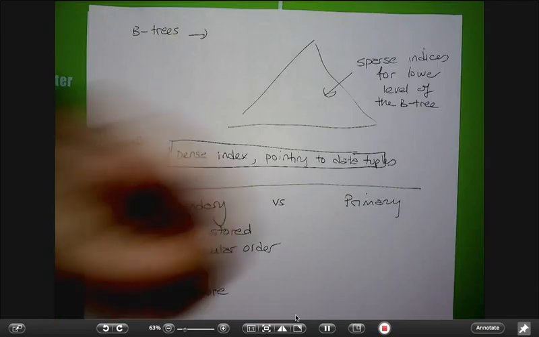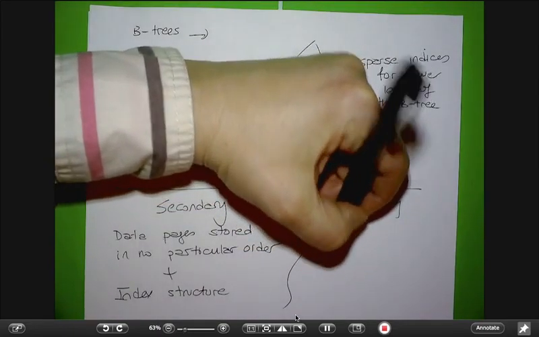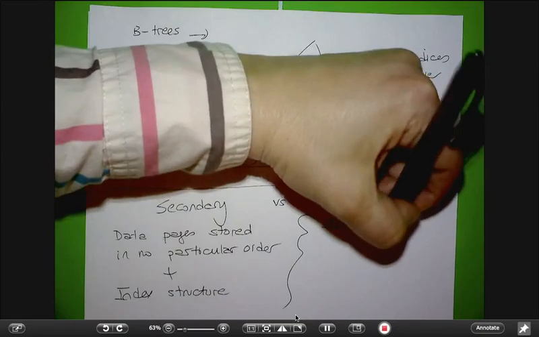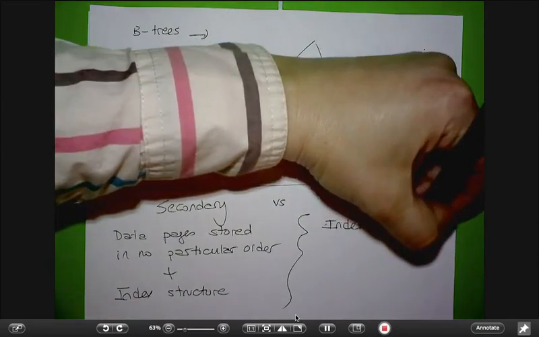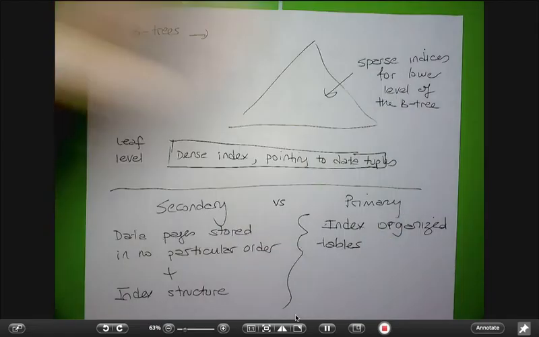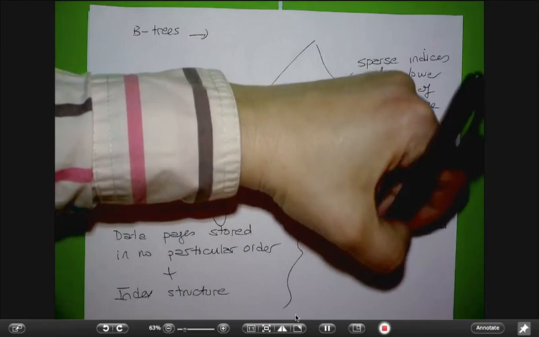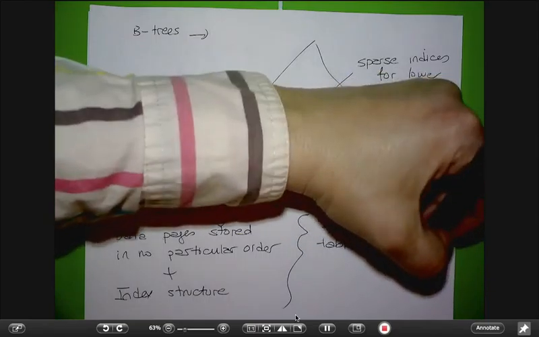But it's also possible that an index can be a primary access tool too. So there are things called index organized tables. For example, in Postgres, this is called a cluster.